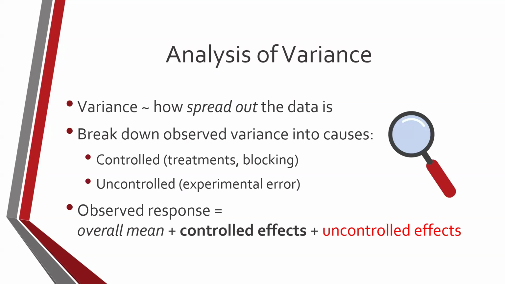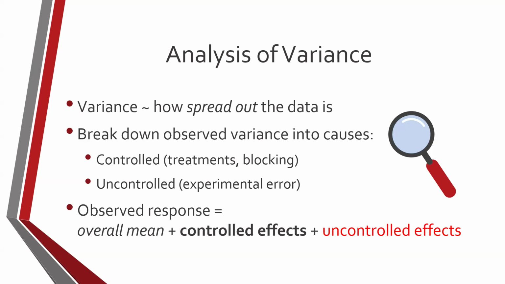We're going to do our best to break the variation into what we know, the blocking structure, the treatments. That's all of our controlled effects there, and then everything we really can't get our hands wrapped around, don't really know for sure what this is. That is your uncontrolled or your experimental error.